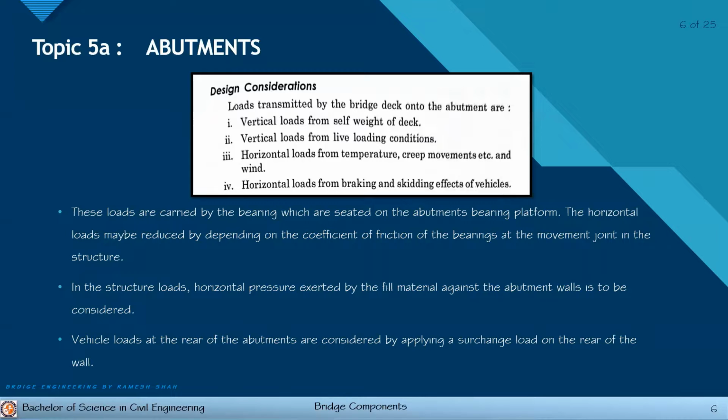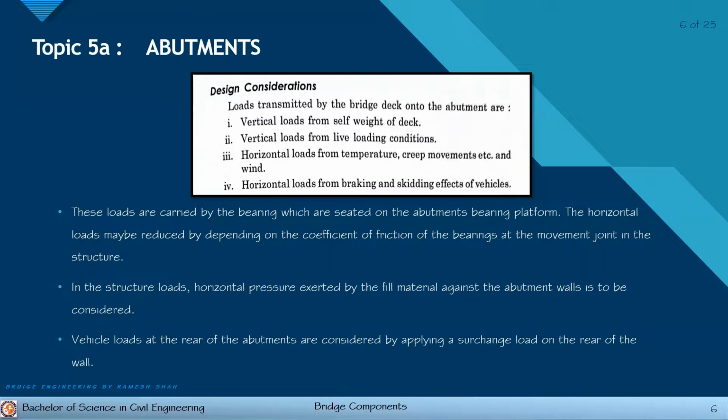At doon sa abutments, makikita natin ang ating tinatawag na bearings, at kung gaano kabigat ang ating loads ay nakadepende rin kung gaano kalaki or gaano kaliit ang coefficient na marireceive ng ating bearing sa baba.